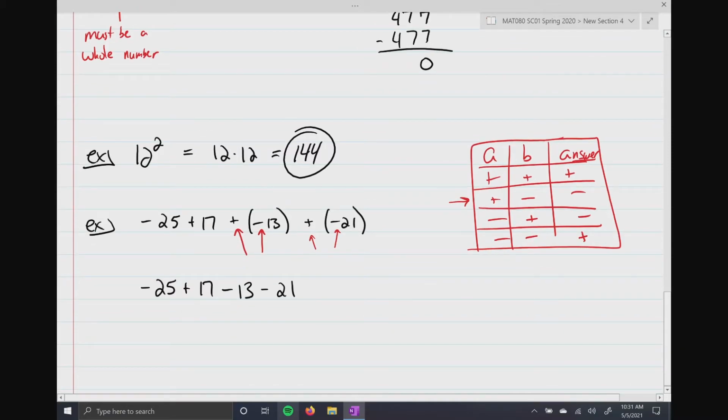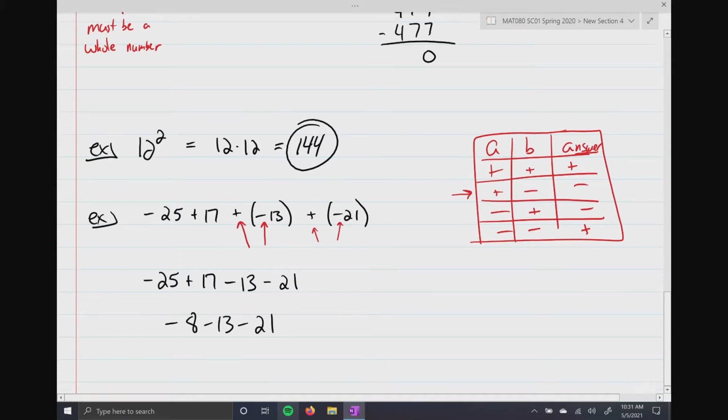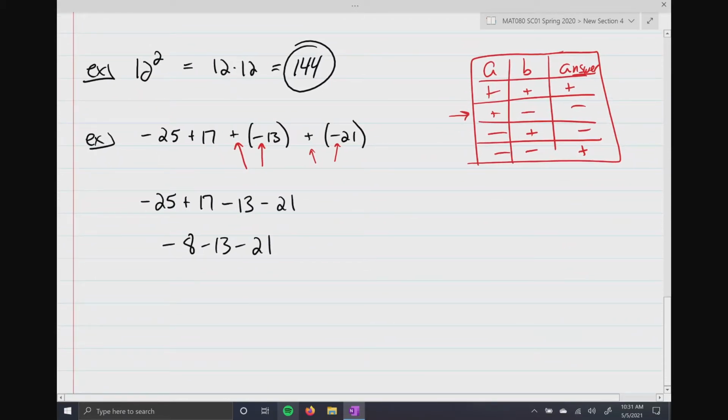Now from here, we can just go left to right. So negative 25 plus 17 is negative 8. Minus 13 minus 21. And what's really nice about this is if you look at the 8, the 13, and the 21, they all have a negative symbol in front of them.